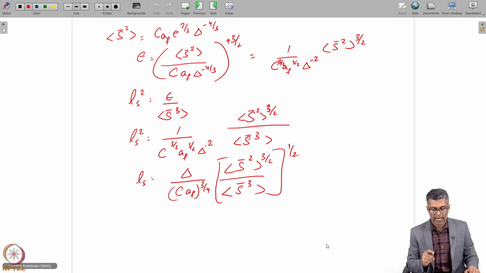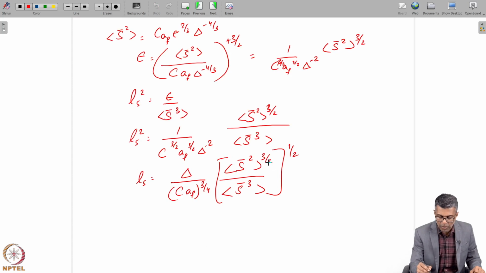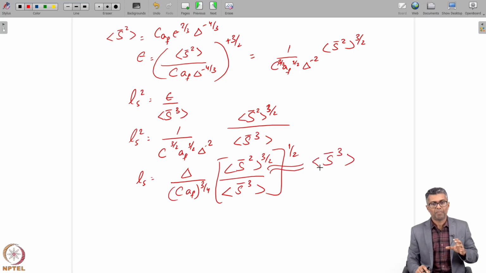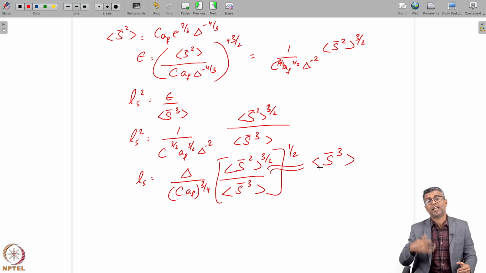Now, here is where I make an approximation. I am going to assume that S bar squared average to the 3/2 is approximately equal to S bar cube average. It is not going to be exactly equal, because you are taking an average and then raising it to the power of 3/2, so it's not the same as S bar cube average.